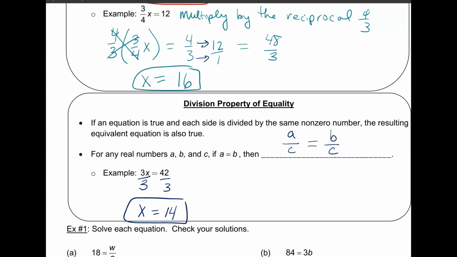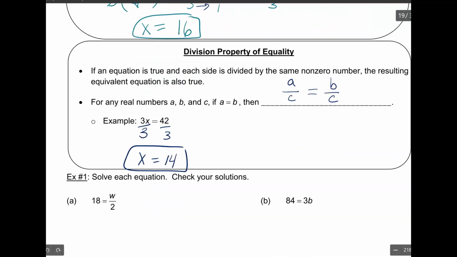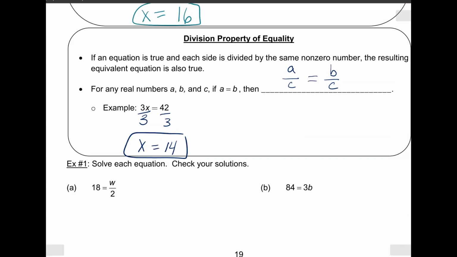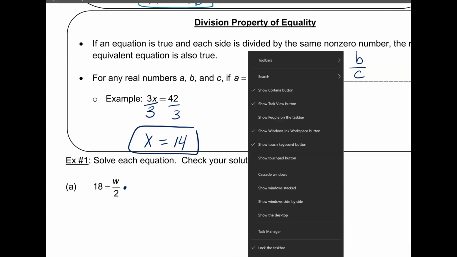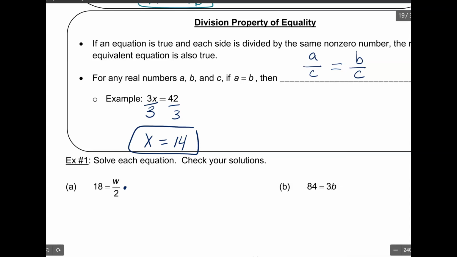Cool. All right. Let's check these. What did I leave off on? Lauren, so A, how would I go about this one? W is being divided by 2. I want to get rid of the 2, so if I multiply both sides by 2, it'll go away.